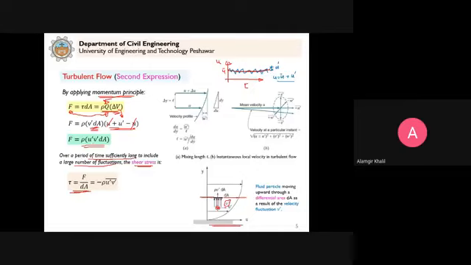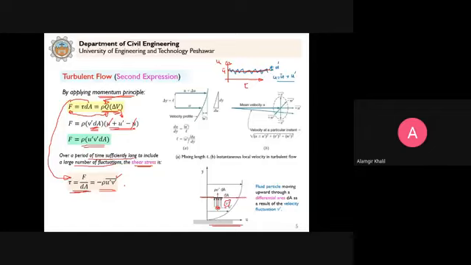When you divide this by dA, we want to calculate the shear stress, and this will be equal to minus rho into u dash v dash bar, because we are averaging the condition, so that is why this bar appears.